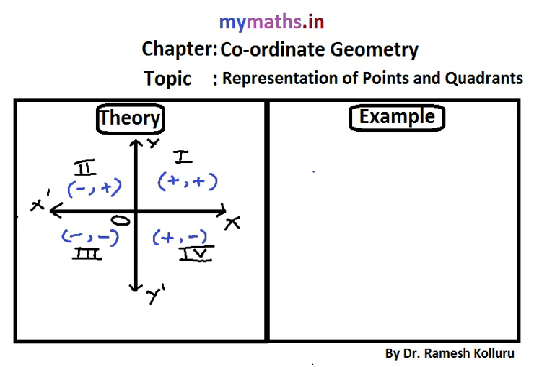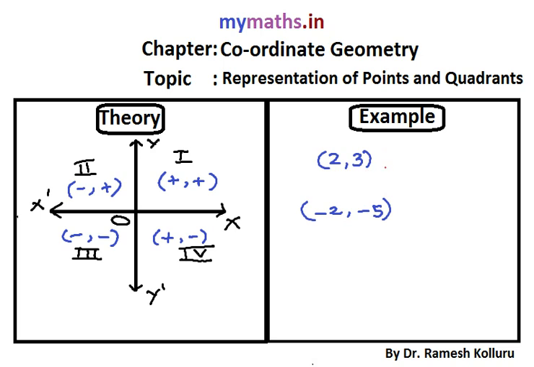Now let us take any point and see which quadrant it is in. Let us take the point (2, 3), and let us take another point (-2, -5). We observe here that for (2, 3) both are positive.